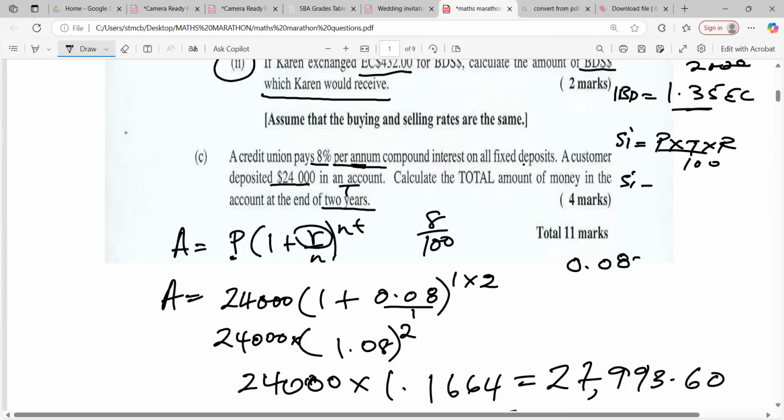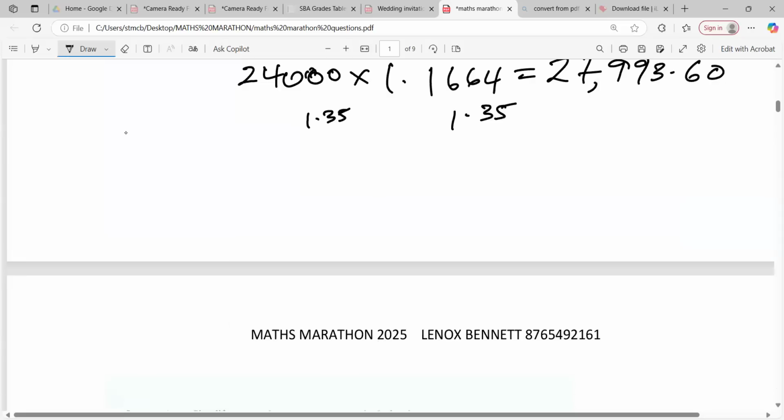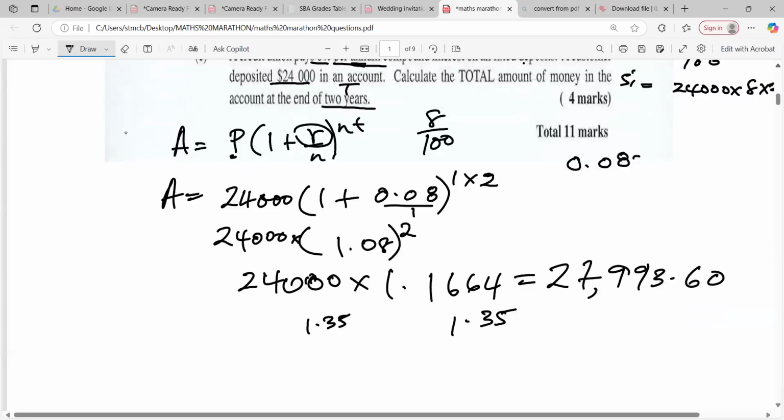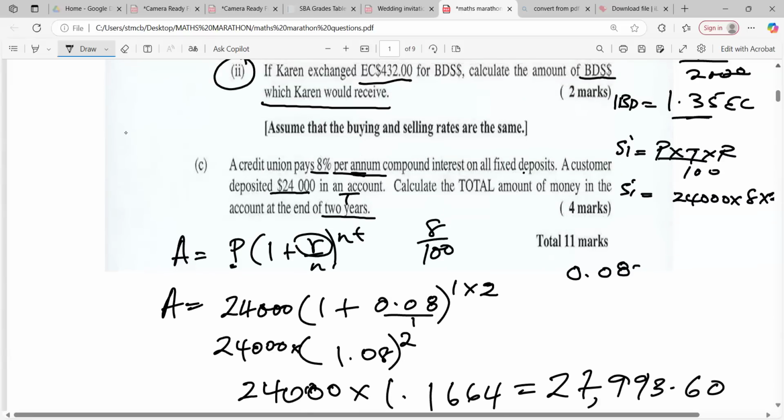So simple interest is equal to the principal, which is 24,000, times that's our 8%, times that's our 2 years. Let me try the calculator. 24,000 times 16 divided by 100.